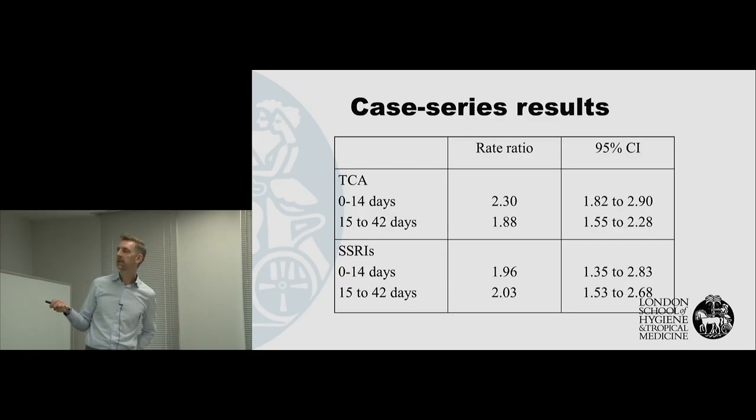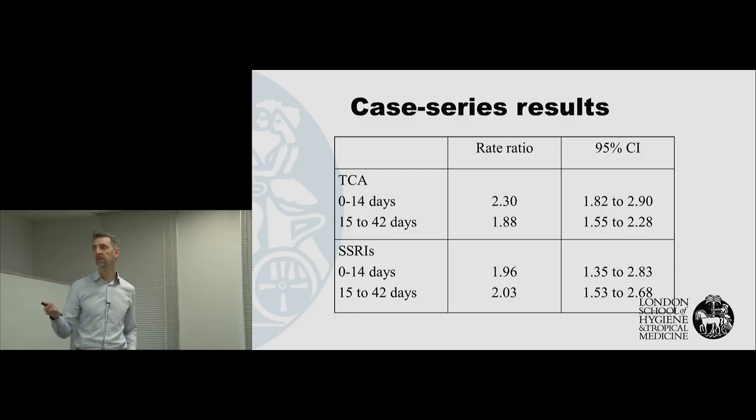You might notice that the confidence intervals for this analysis are actually narrower than they were for the case control study. This is often a feature of the self-controlled case series, that statistically it can be more efficient. So we can often find that we get narrower confidence intervals in this design.